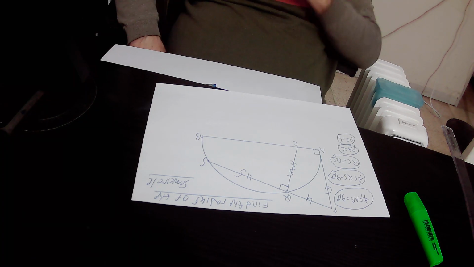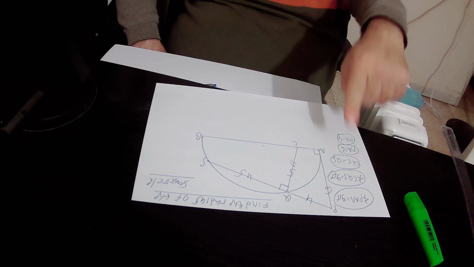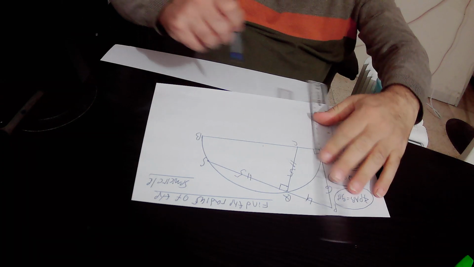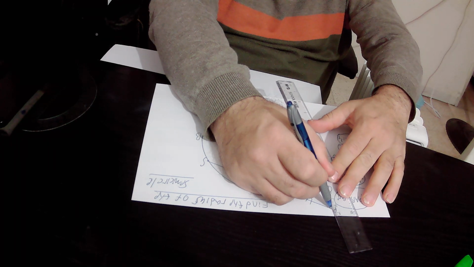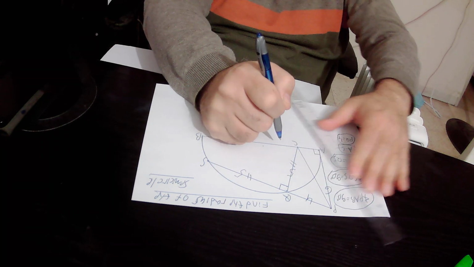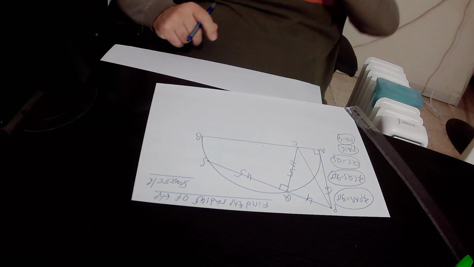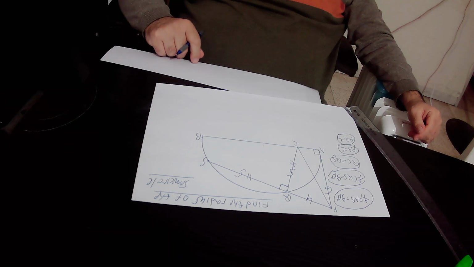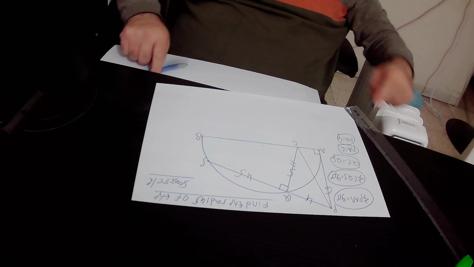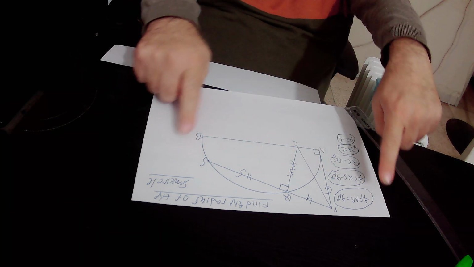In the next step, we will join points P and C together by a straight line. Actually, it is given in the question that PS is a straight line.